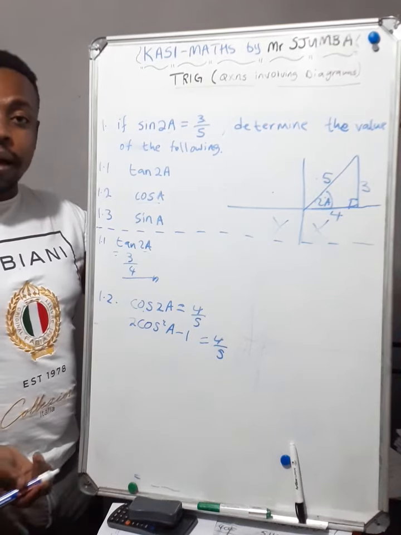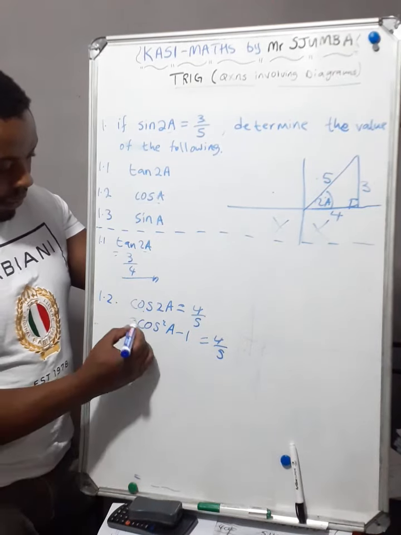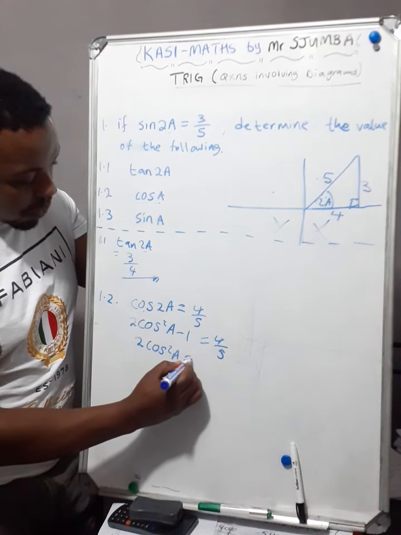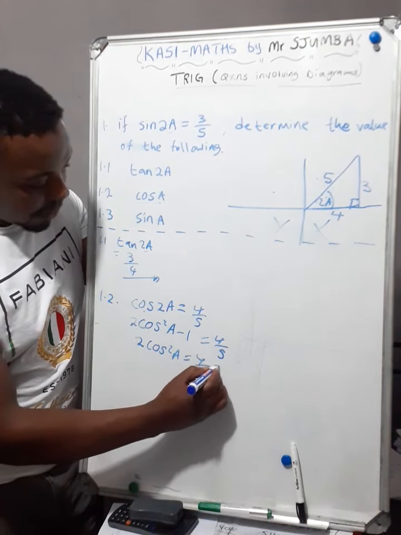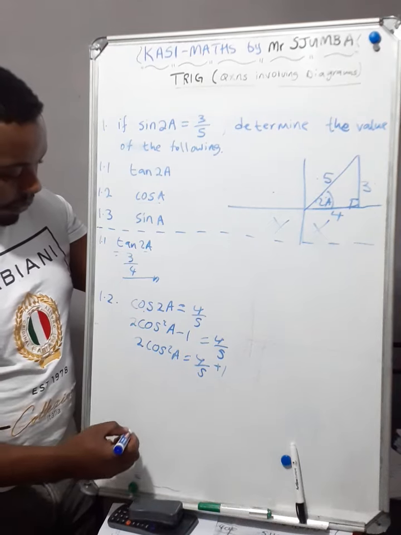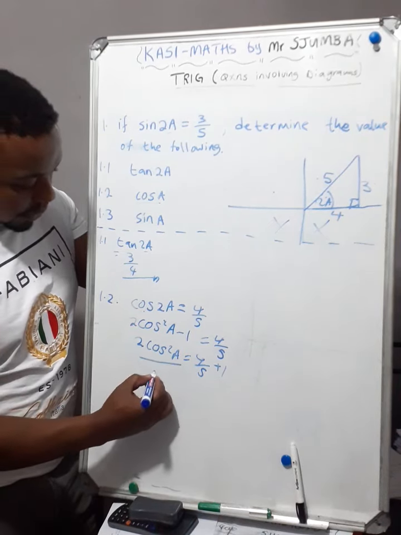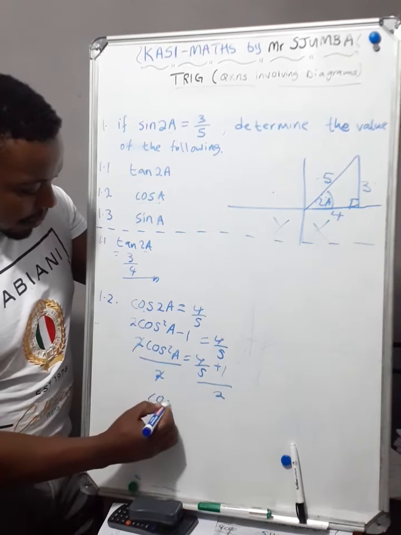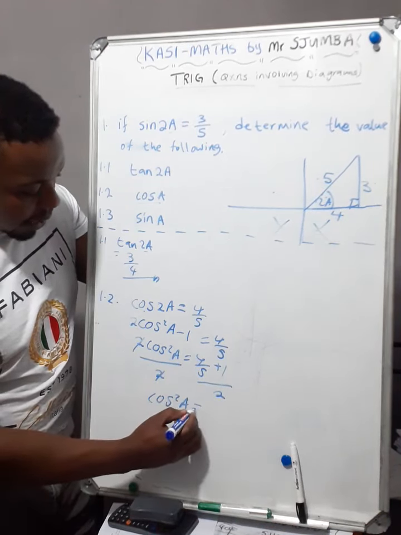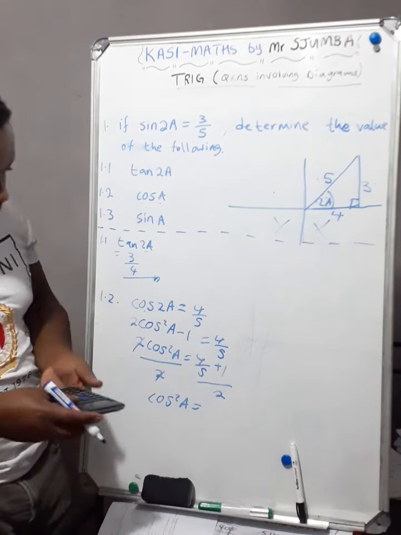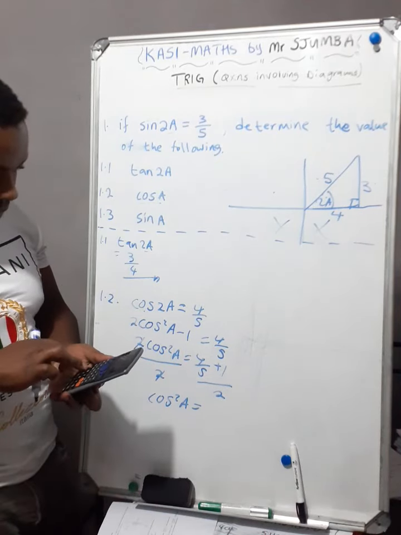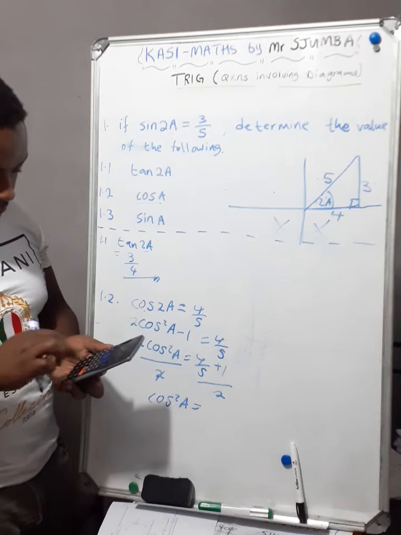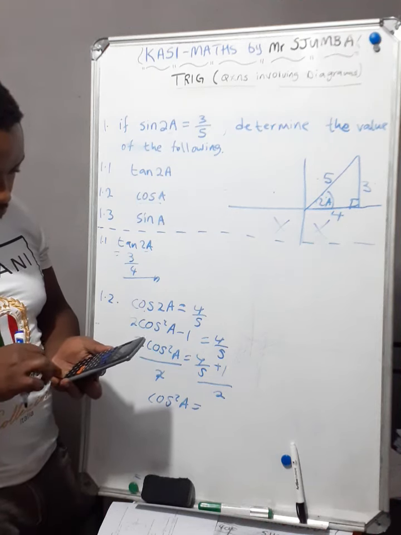Then solve for cos A. Starting with 2 cos squared A equals 4/5 plus 1. Next, to solve for cos A, divide by 2, cancel. Now cos squared A equals 4/5 plus 1 divided by 2.